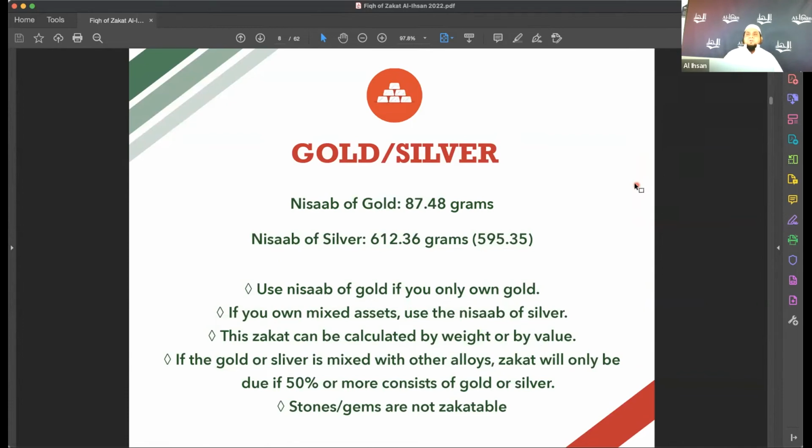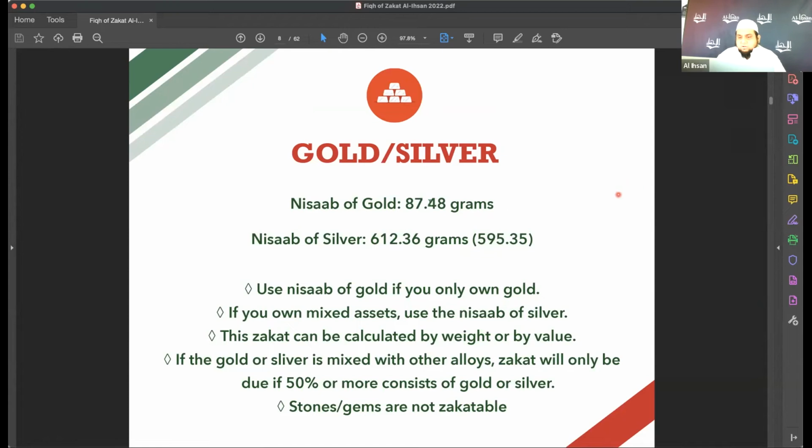Dirhams were silver coins and dinars were gold coins. So that's what everything was based off of, which is why the ahadith which mention the nisab are all mentioned in dirhams and dinars. But from there, ulama have taken the exact measures of those and how to transfer those into grams to make it easier for our use.